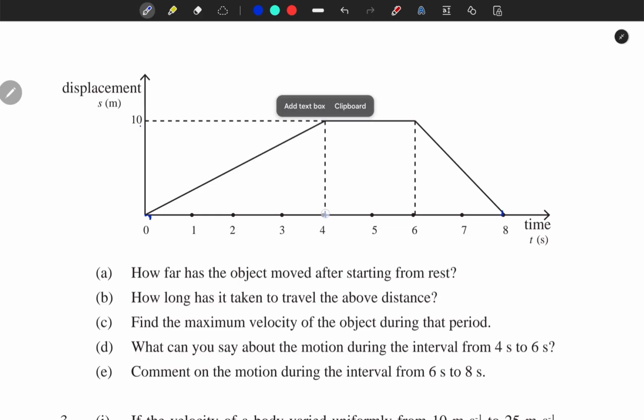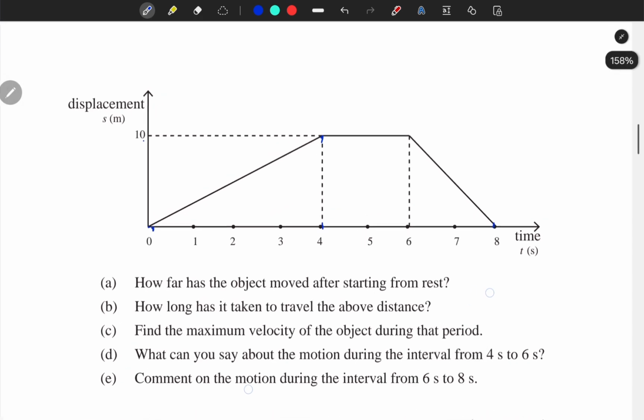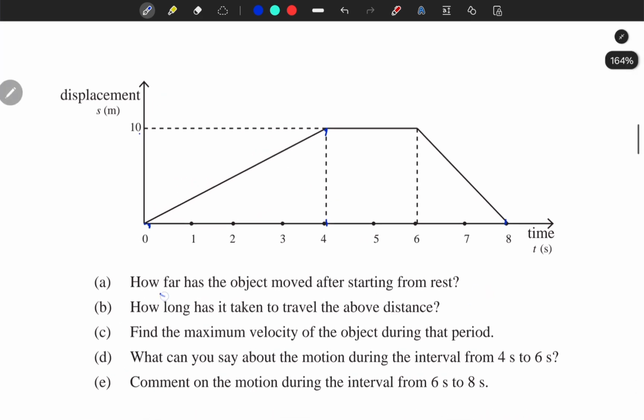That means at the end of the 4 seconds it traveled 10 meters. When it asks how far it has moved, they are asking about the distance. How far has it gone? They are not asking from the starting point, whether it has finished going some distance from the starting point. They are asking how far it has gone.